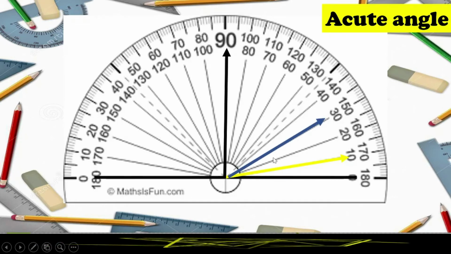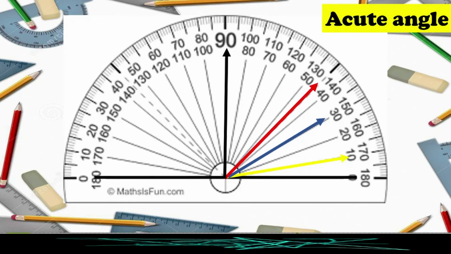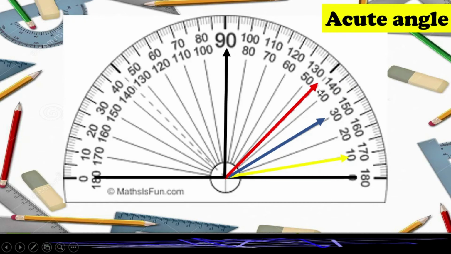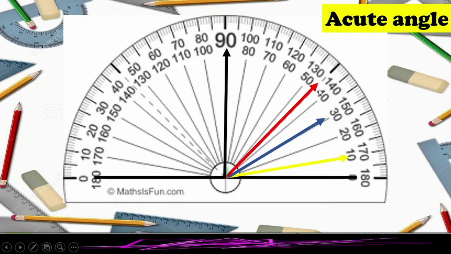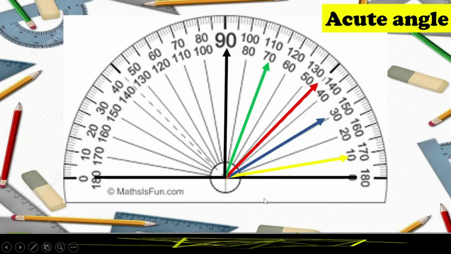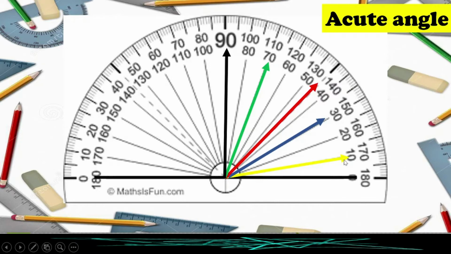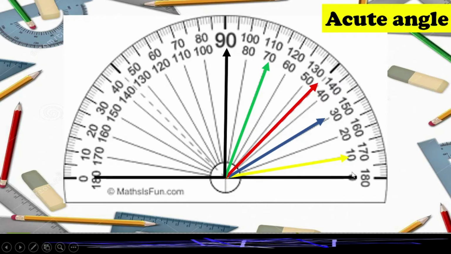Next, 30 degree, that is acute angle. Next, 45 degree, that is acute angle. And lastly, 70 degree, that is acute angle. So that is the example of an acute angle.